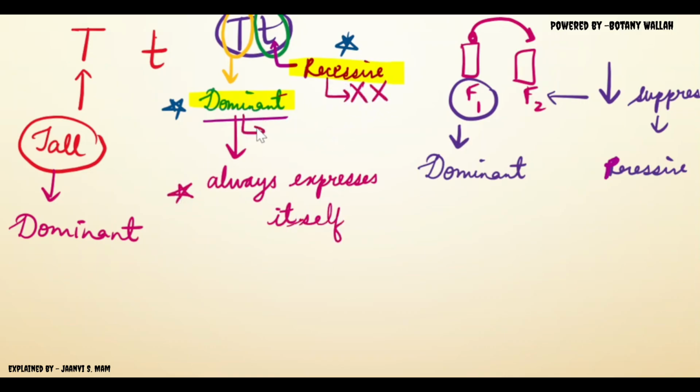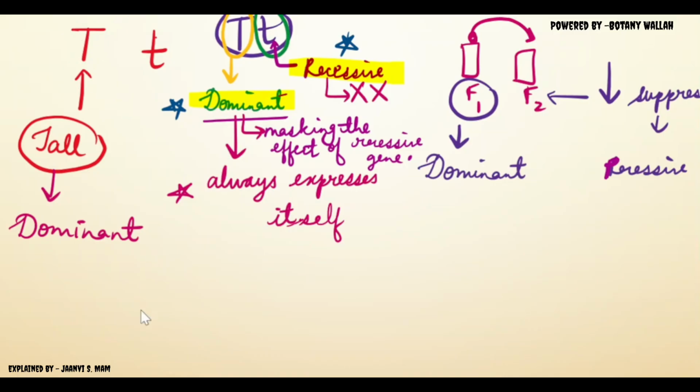We can say that the dominant allele is masking the effect of the other gene, that is the recessive gene. Whenever there is a dominant gene, it will not allow the other, recessive gene to express. It will mask the effect of the other gene, or you can say other allele.